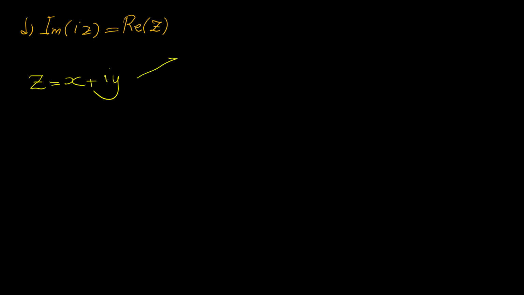Then, from this, real of z is x. It is clear. Real of z is real of x plus iy. It's better to write it this way. It's more clear then. Real of x plus iy is x.